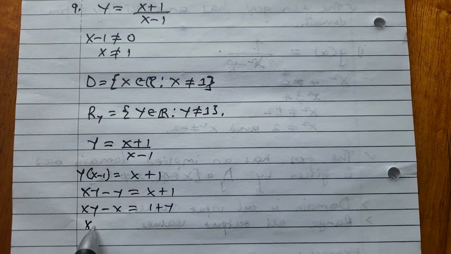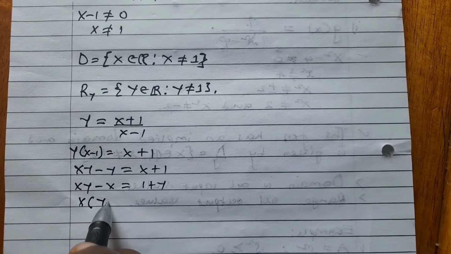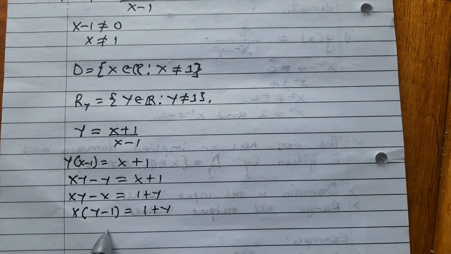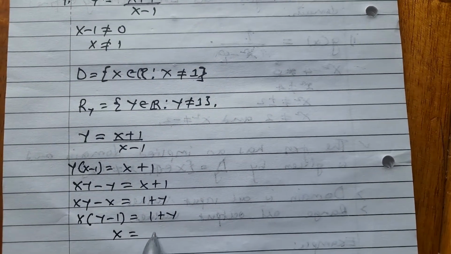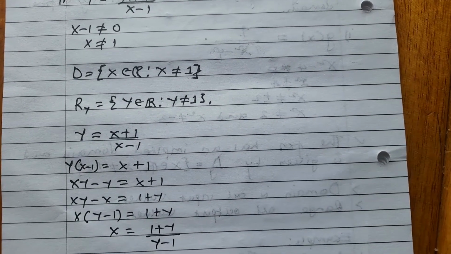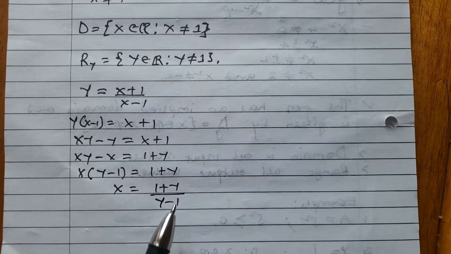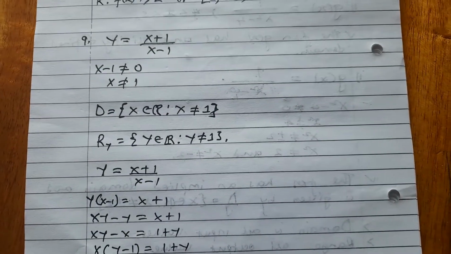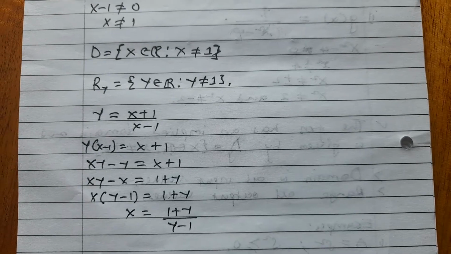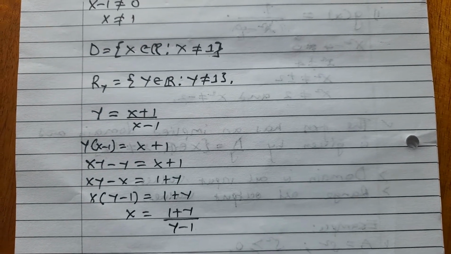We factor out x, and I'll have x times y minus 1 is equal to 1 plus y. So x is equal to y plus 1 over y minus 1. You realize this function is basically the same as the function there.